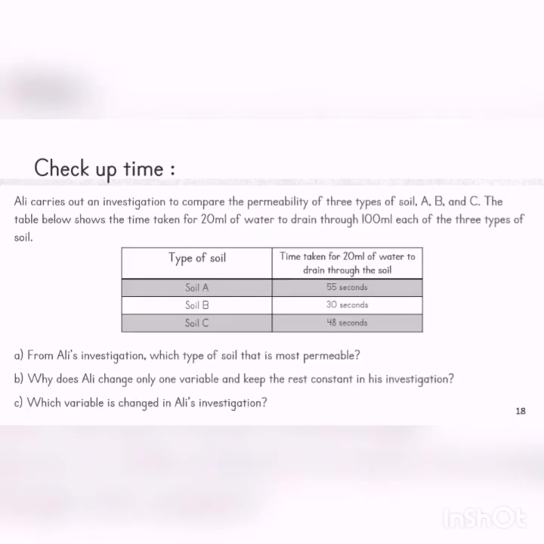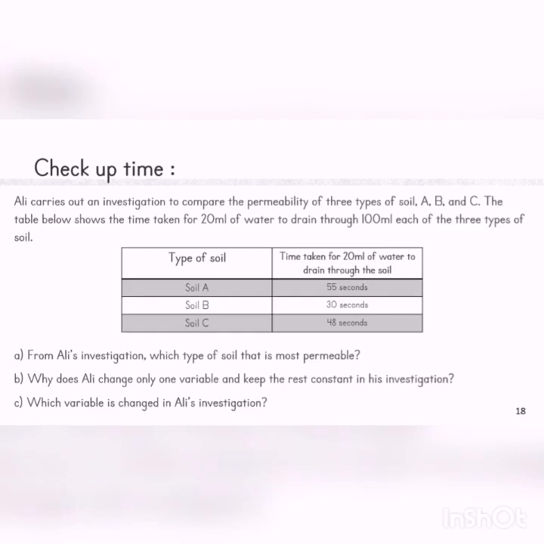It's checkup time. Ali carries out an investigation to compare the permeability of 3 types of soil: A, B, and C. The table below shows the time taken for 20 ml of water to drain through 100 ml each of the 3 types of soil.